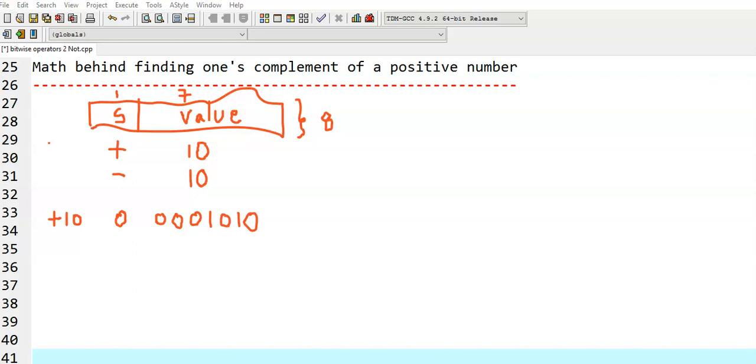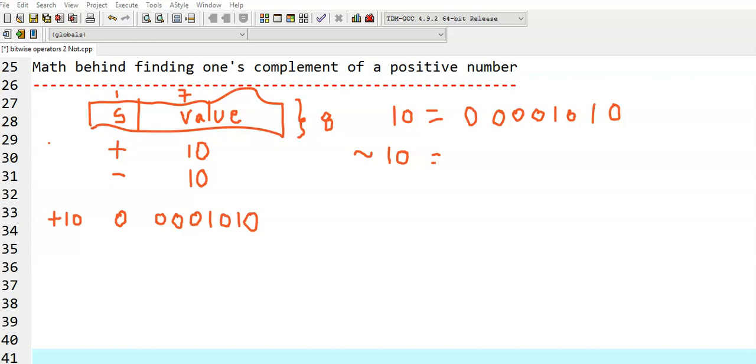Now this is the 10 value. What is the binary value of 10? Sign value is 0 and magnitude value is 0001010. Now we find the ones complement of 10. That means we apply the bitwise NOT operator on 10.